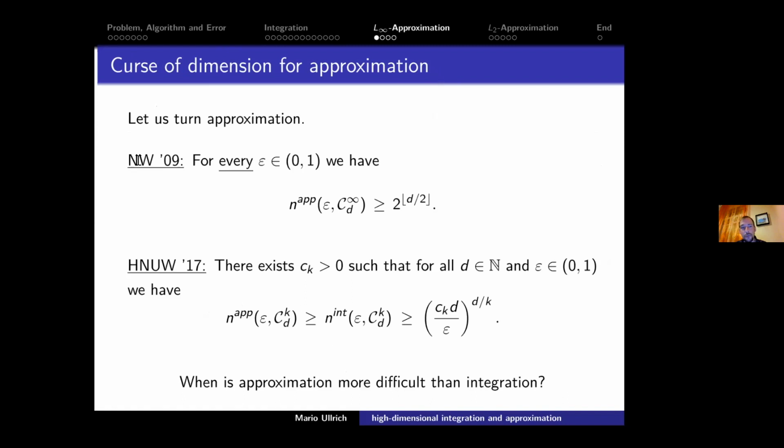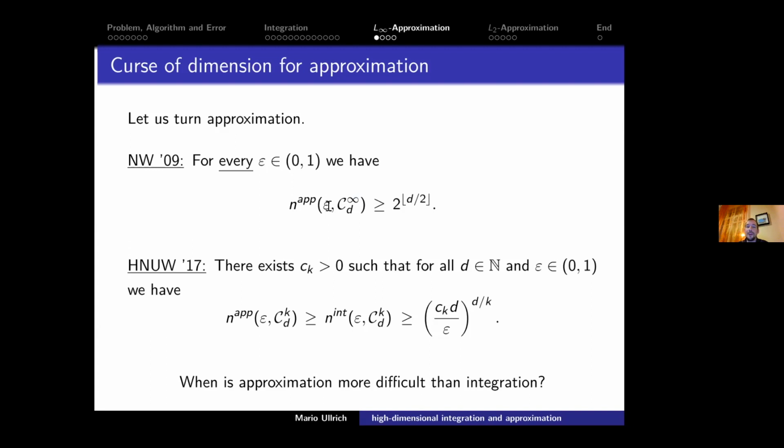By a result of Novak and Wozniakowski from 2009, we even know that for functions that are infinitely often differentiable, with all partial derivatives bounded by 1, even in this very, very small class, you need at least 2 to the d/2 function evaluations for every epsilon. So if you want to reach an error of 0.999, it doesn't matter, you need 2 to the d/2 function evaluations.